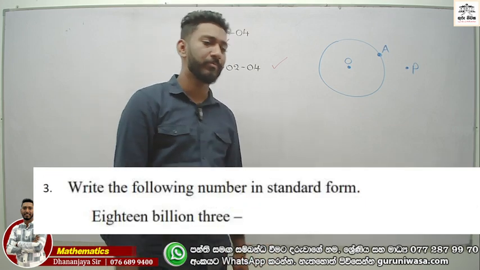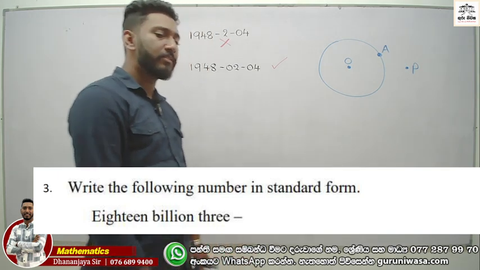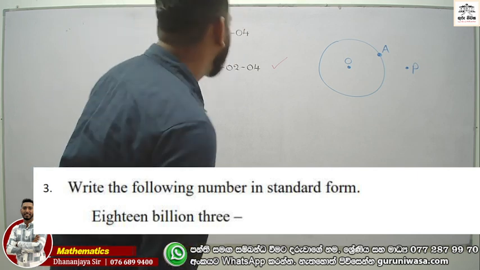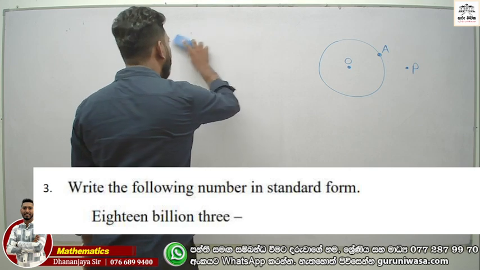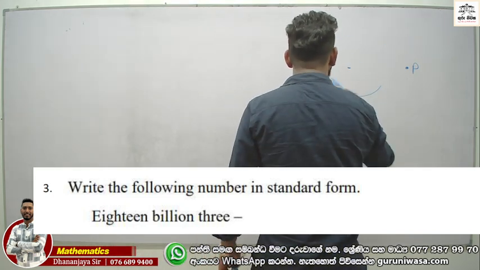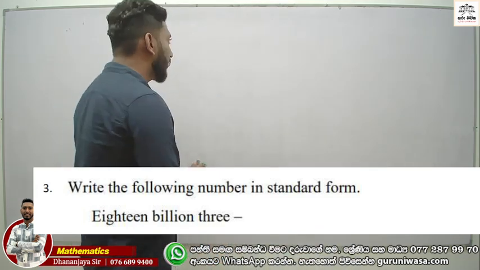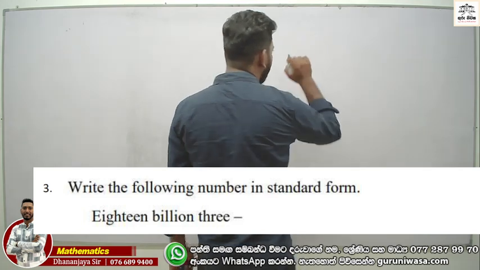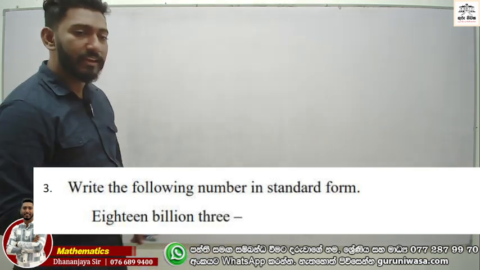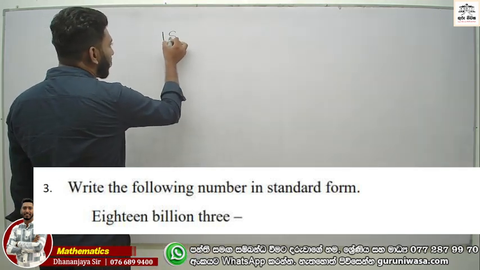Now third one. Write the following number in standard form: 18,000,000,003. You know the number zones, unit zones. This starts with a billion: 18 billion, billion place.